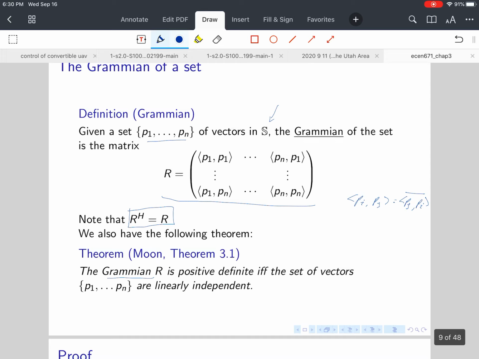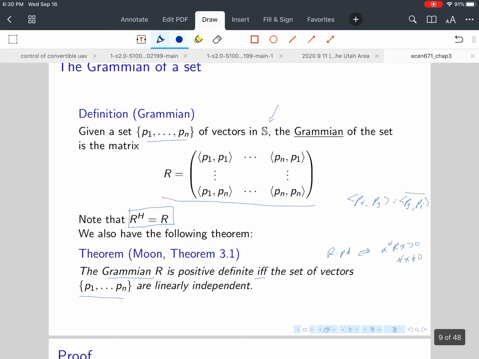All right, so we also have the following theorem from Moon. The Gramian R is positive definite. Remember, R is positive definite if and only if x^H R x is positive for all x not equal to 0.